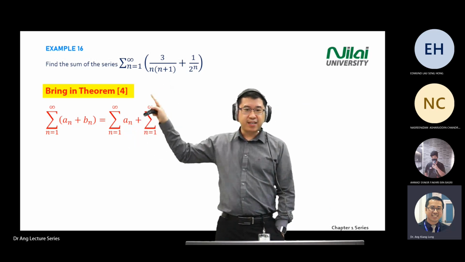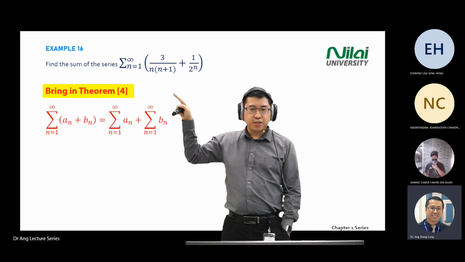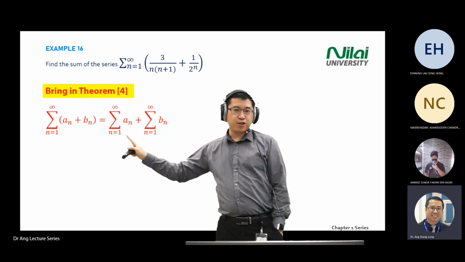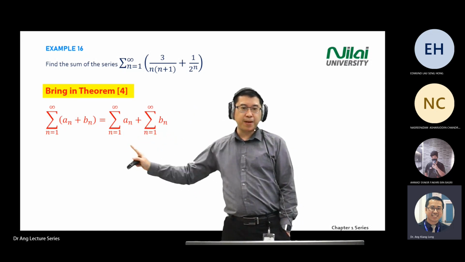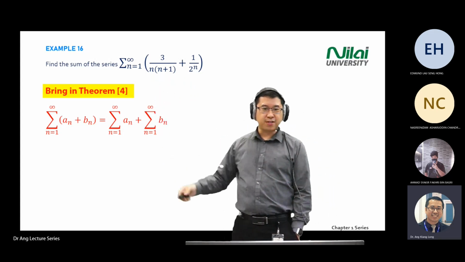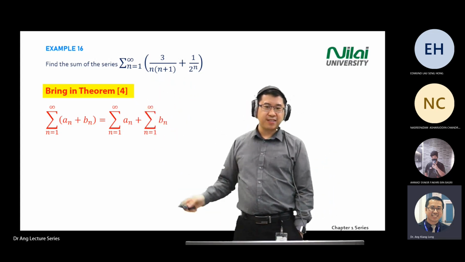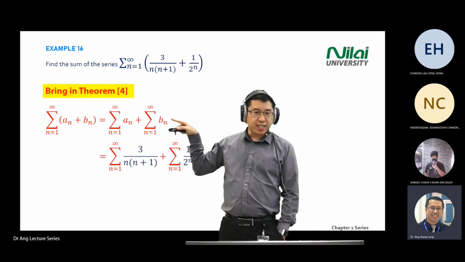BN equals this one. So you split the operation, solve this one, then solve this one. You combine the results together and you get the sum of this series using the theorem. So basically, you write this equation, you get 1 mark.